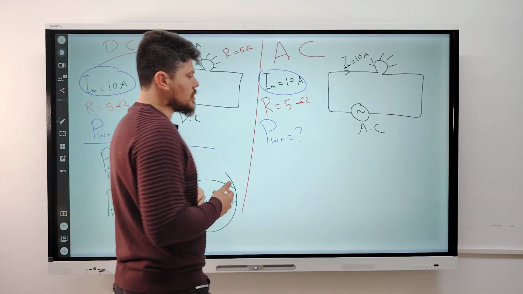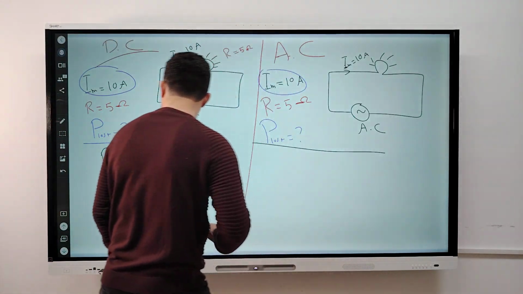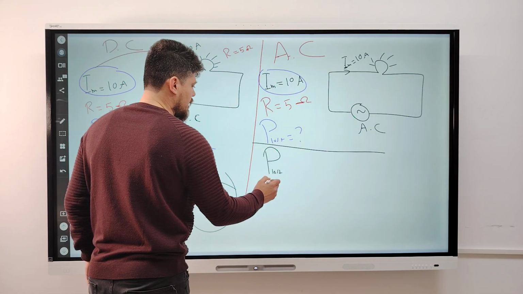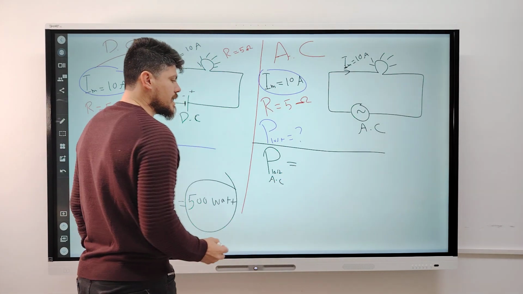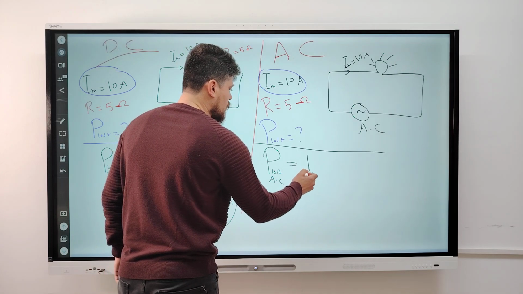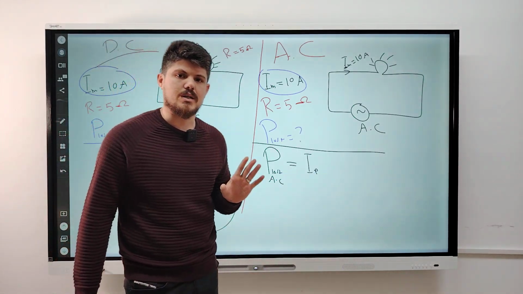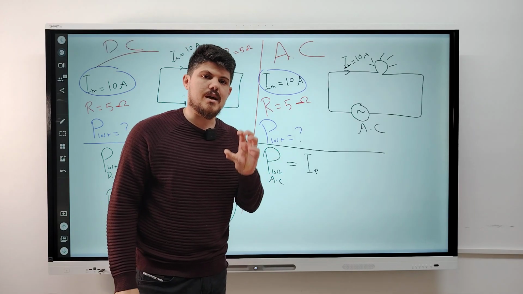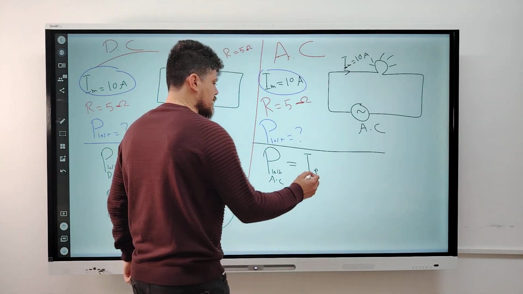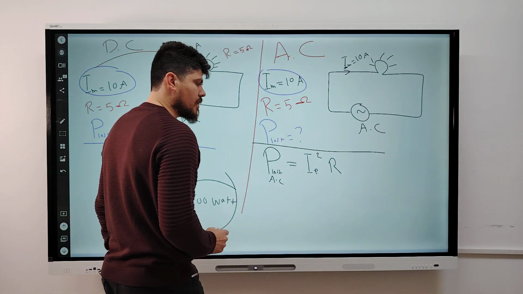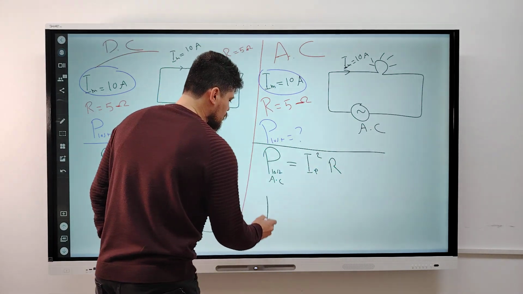But in AC source, to find the power dissipation or P loss in AC, you have to use the effective value of the current. P loss is equal to IE squared times R.